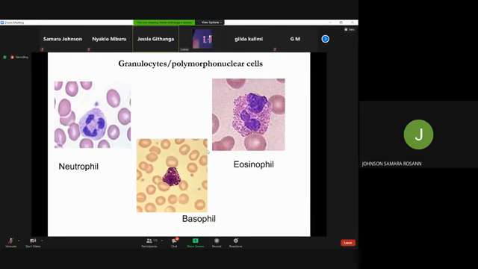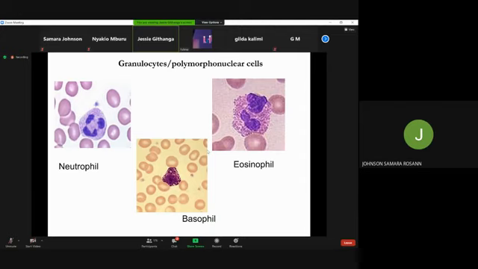The eosinophil, again, is polymorphonuclear. This one almost looks like it's got 3 lobes, but it actually has 2 fully formed lobes. It normally has 2 to 3 lobes, but may have 4 or fewer.